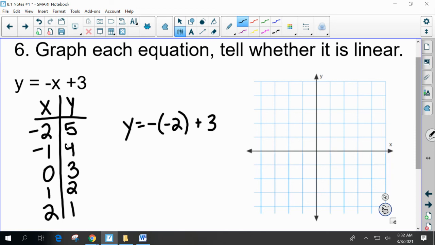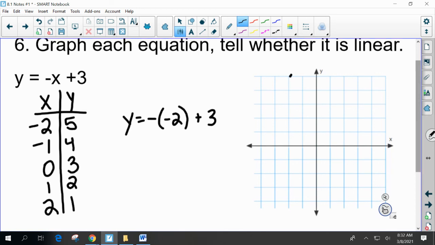So if I go through and graph this, and then I draw a straight line through it with arrows because it goes on forever, is this linear? Yes, this is linear, because this is a straight line.